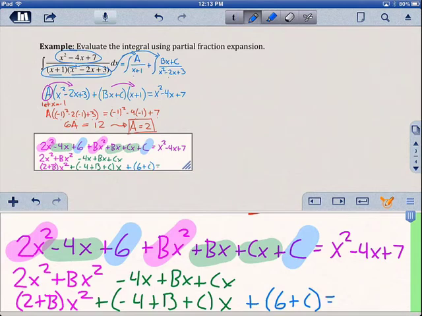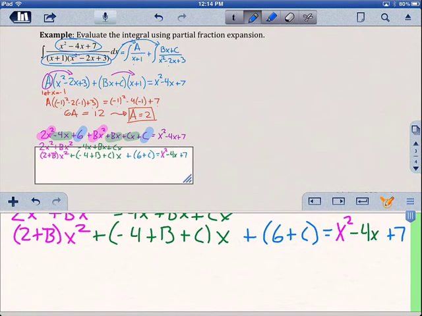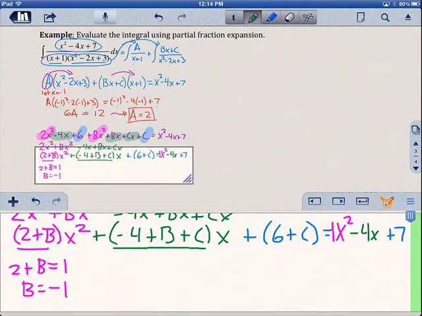And again, it's going to equal x squared minus 4x plus 7. Okay, so now we can compare coefficients. So 2 plus b has to equal 1, which means b equals -1. -4 plus b plus c has to equal -4.